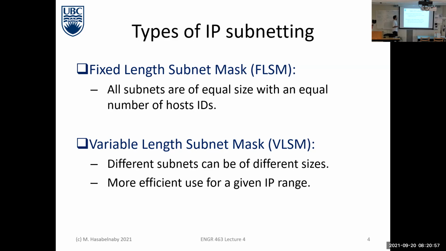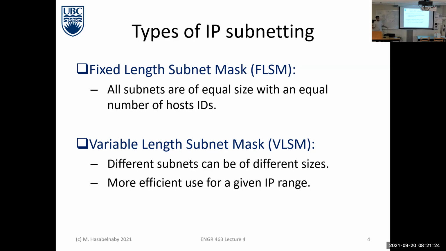So the second type of IP subnetting is using variable length subnet mask. Different subnets can be of different sizes. So I will allocate to each subnet a number of IPs matched with the number of hosts. So for sure, I will allocate to this network more IP addresses as compared to this network.